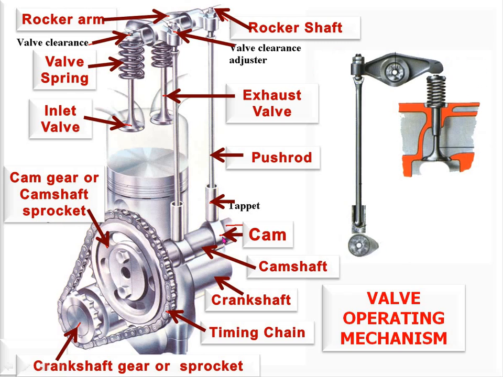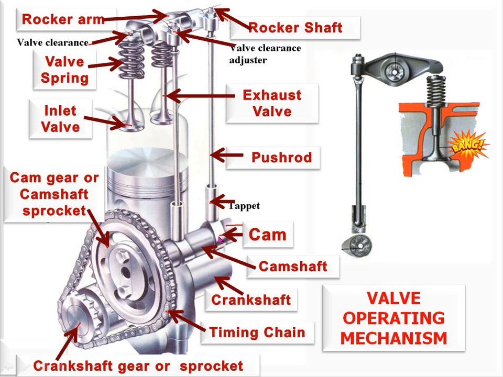This is the cam, or we can say the portion that is extended that lifts the valve pushrod upward, and that upward motion goes to the rocker shaft and pushes the rocker arm downward, and that pushes the valve inside the cylinder, so the valve opens.